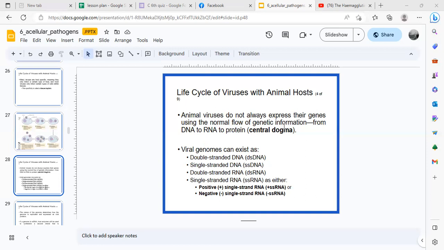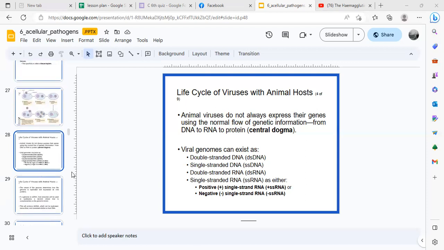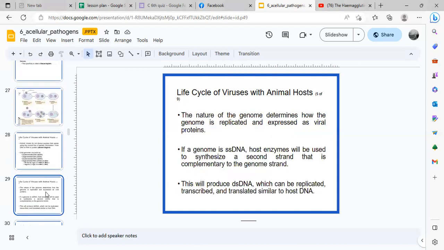So hindi usual sa central dogma. So tawag dun ay reverse transcription. So the nature of the genome determines how the genome is replicated. So it depends on what the genetic material is.